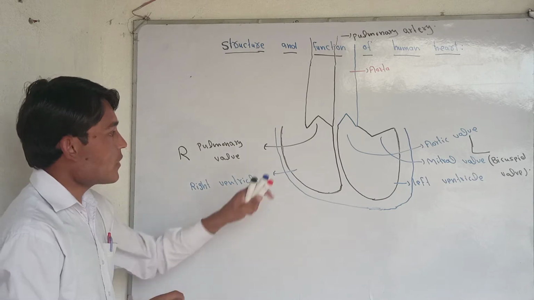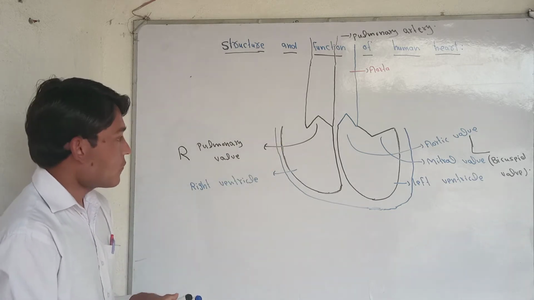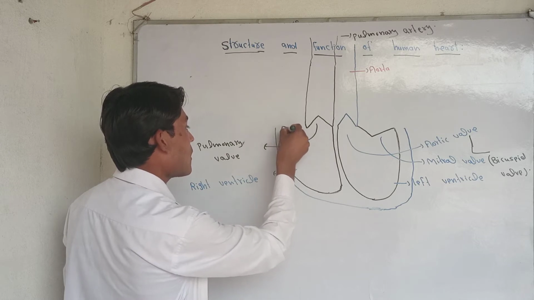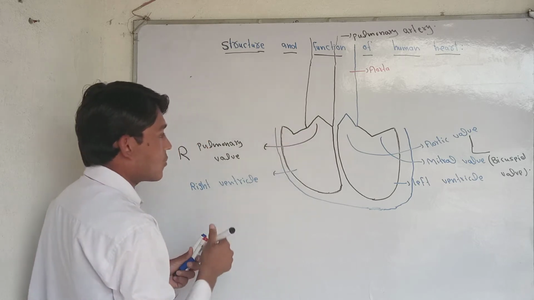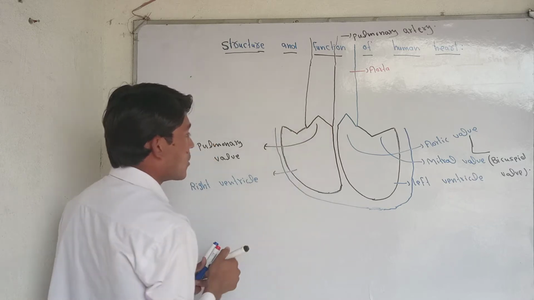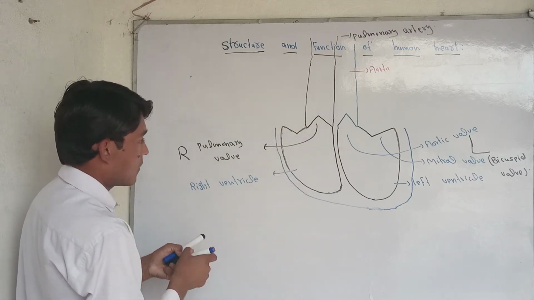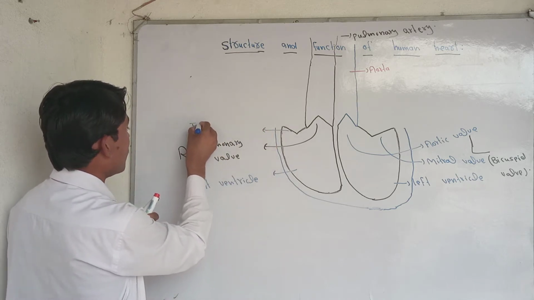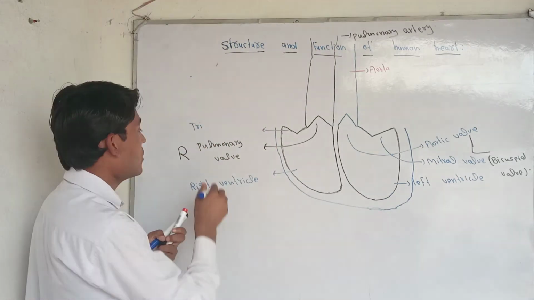And next we have another wall, which is the tricuspid wall. Why is it called tri? Because it has three flaps.